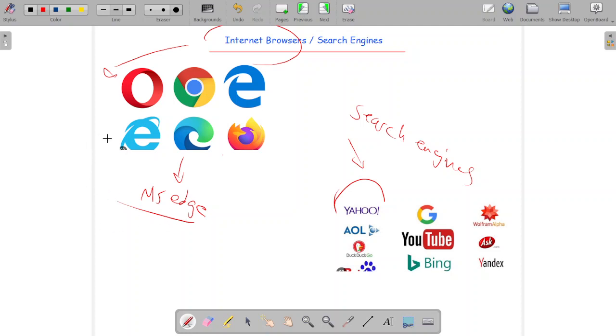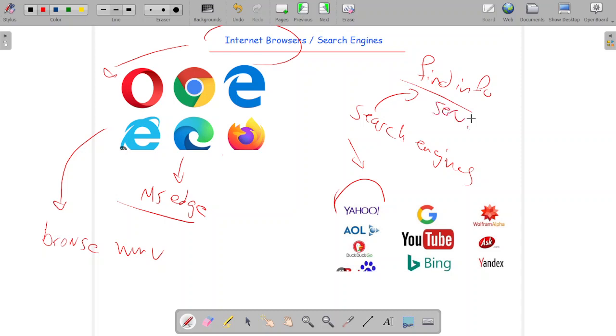Internet browsers are used to browse the www. We use them to access the internet or the content of the internet. While search engines are used to find info over the internet. So they are some sort of a service, while this one is some sort of an application or a software.